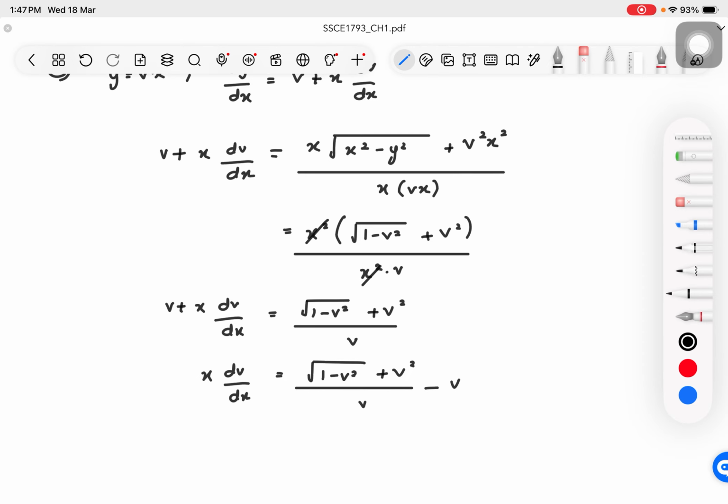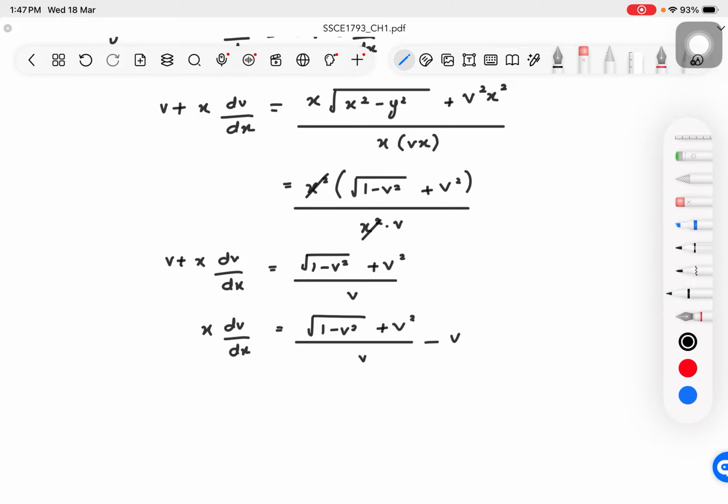So we separate the equation, so it is separable.